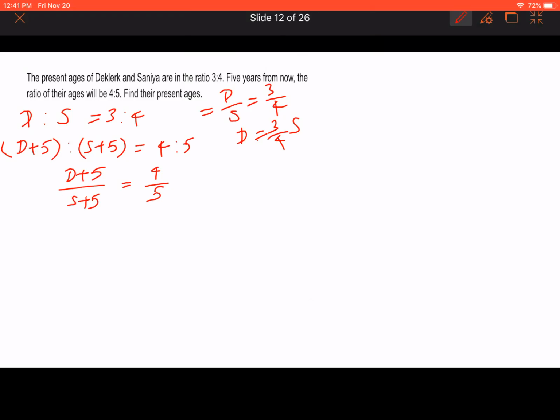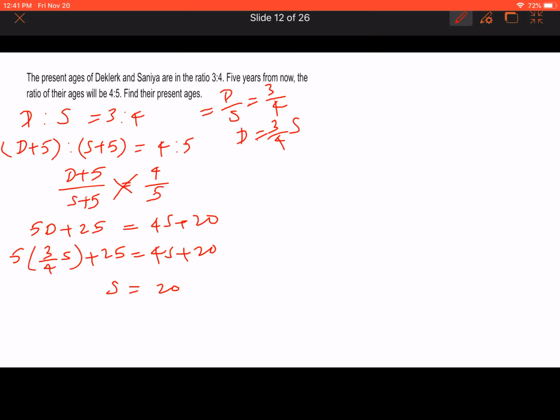Okay, so now we have to cross multiply this, and we get 5d plus 25, which is equal to 4s plus 20. Let's now substitute the value of d. Right, now everything comes in terms of the sister's age. So the sister's age is found to be 20.